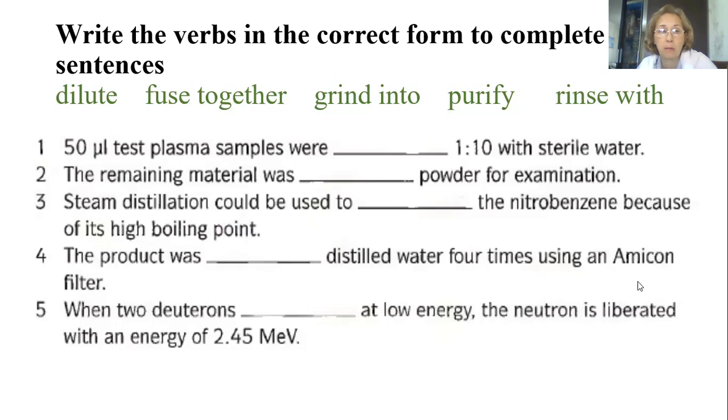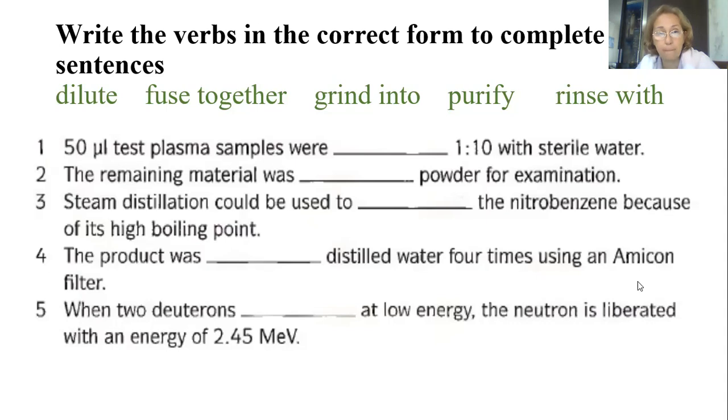Или no. With... Растворены, растворять. Here it's better to use dilute. What is the form of dilute if we use the passive voice here? В какой форме глагол должен быть использован? Diluted. Diluted 1 to 10 with sterile water. Right, okay. So Duman, the second one, please.